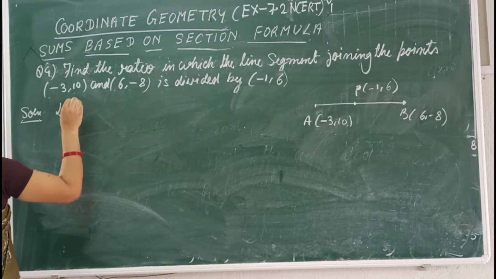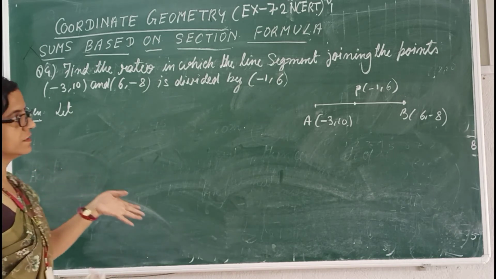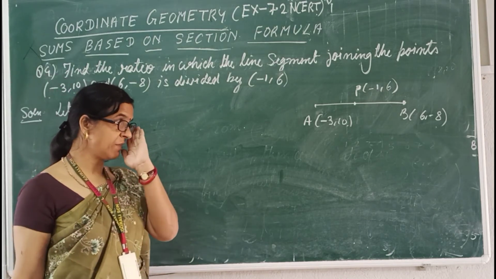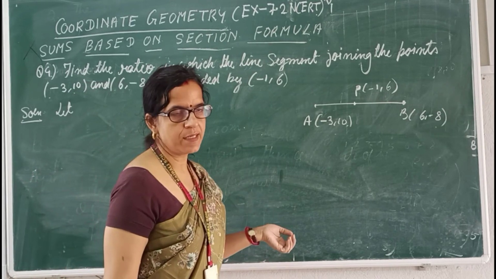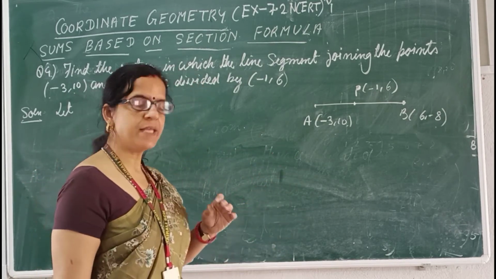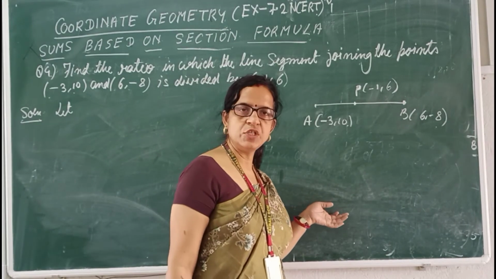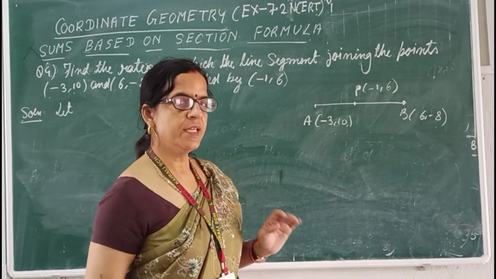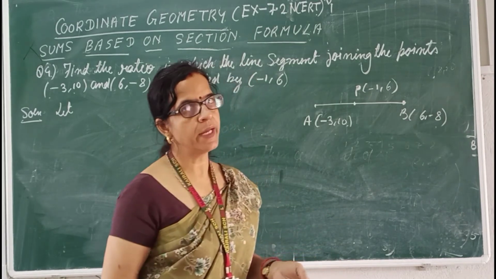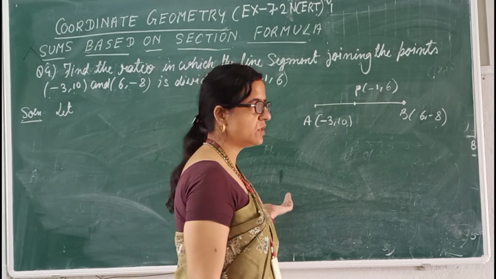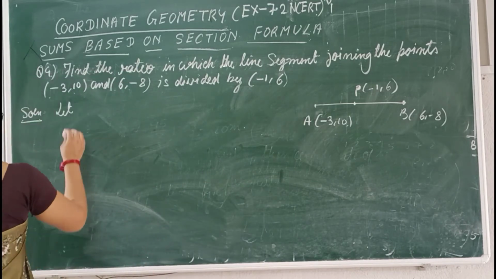Now, this format of question I have explained earlier in some video, where I said that whenever the ratio is asked, instead of taking the ratio as m is to n, suppose the ratio as k is to 1. It will be easy for you in calculation, but if you adamantly want m is to n, you can take that and do the calculation. So let us start.